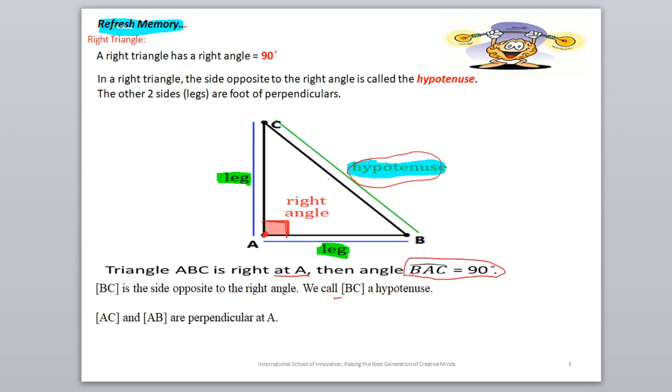We call BC the hypotenuse, which is facing or opposite to the right angle. AC and AB are perpendicular at A. Do you know what we mean by perpendicular? It means that the angle between them is 90. So when we have an angle of 90 degrees, we say that this side is perpendicular to this side. Good? Okay, let's continue.